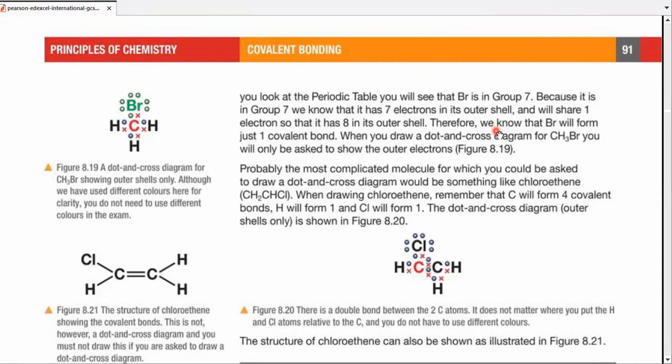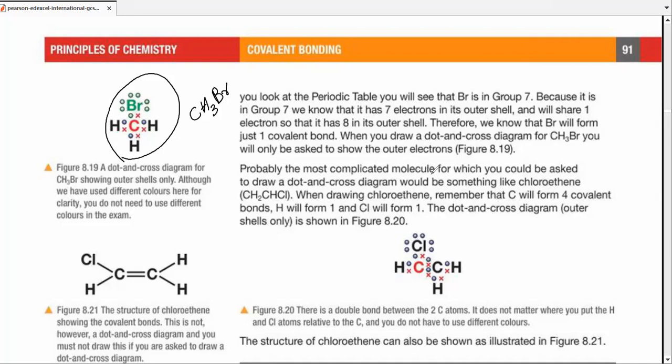So it's pretty much going to behave like chlorine or fluorine in this case. It will only share 1 electron, form a single covalent bond, and will satisfy its octet. So if you take a look at it, this would be the structure of bromomethane, which is CH3Br.